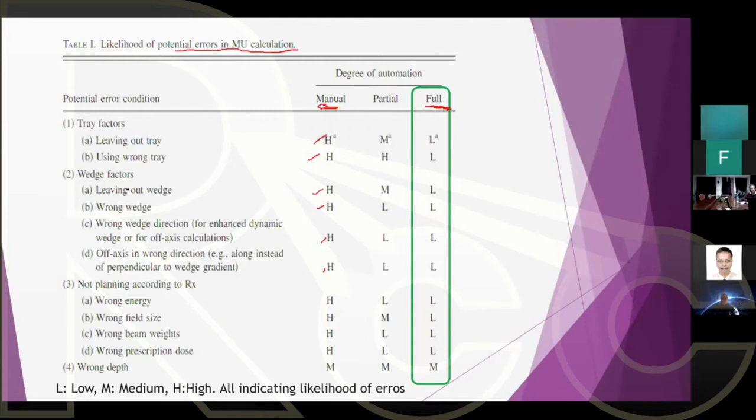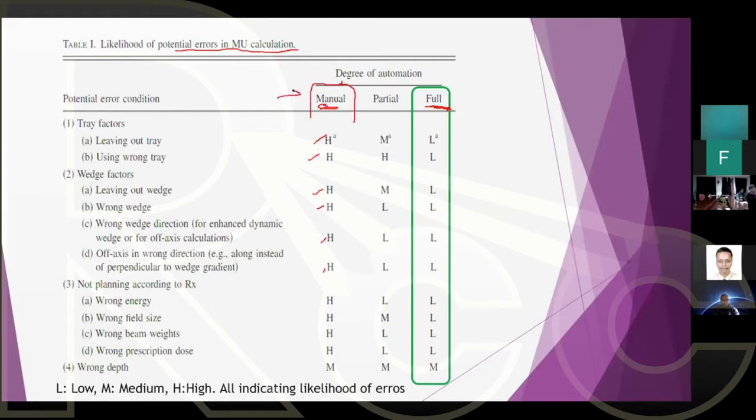Now, here's the thing. I could forget to put the wedge in my manual calculation, or I could put the wrong wedge. Instead of 15-degree wedge, I put 45-degree wedge. Or if I used the wrong direction, instead of it's in, it's out, so on and so forth. For everyone who is using an Excel sheet, you have to be careful that you are here.